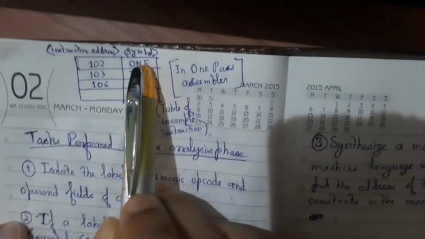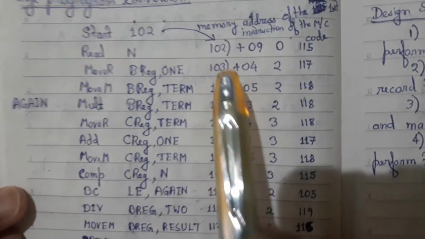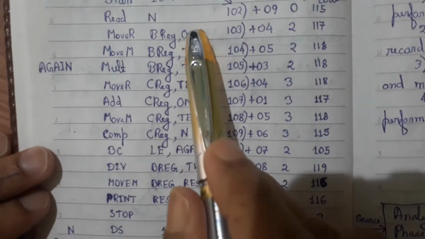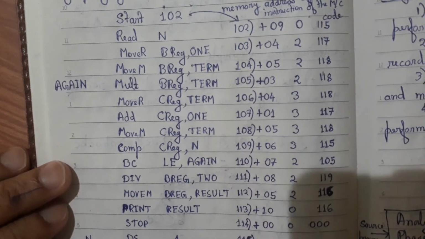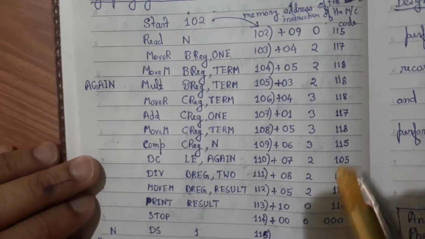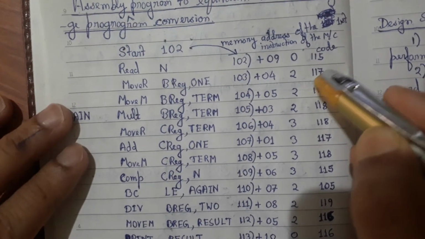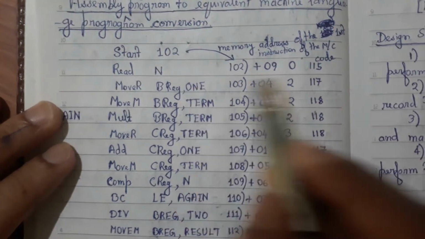You can see the symbol 1 occurs in this address, and also in this address. The addresses where the symbol occurs are recorded in the table of incomplete instructions, and the actual memory address of the symbol is left blank.